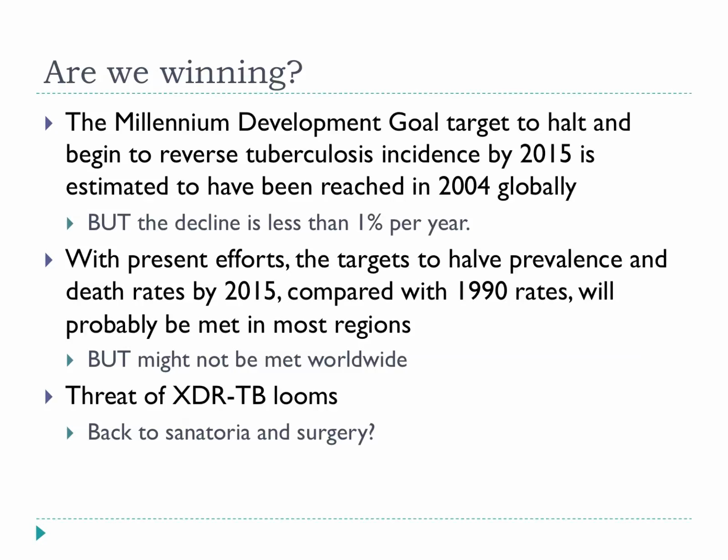So we've kind of stopped TB getting worse across the world. We've put things into reverse. But we are going in reverse very, very slowly. The decline now is less than 1% per year. So it will take a long, long time at current rates before we ever get rid of this disease. And probably we will meet this 2015 target of halving prevalence, but it might not be met worldwide.